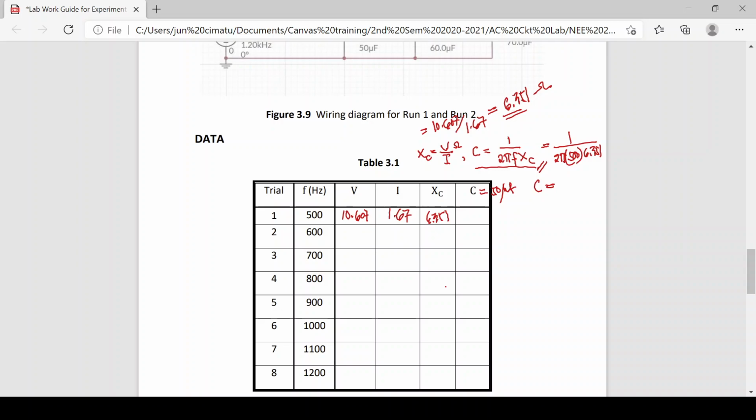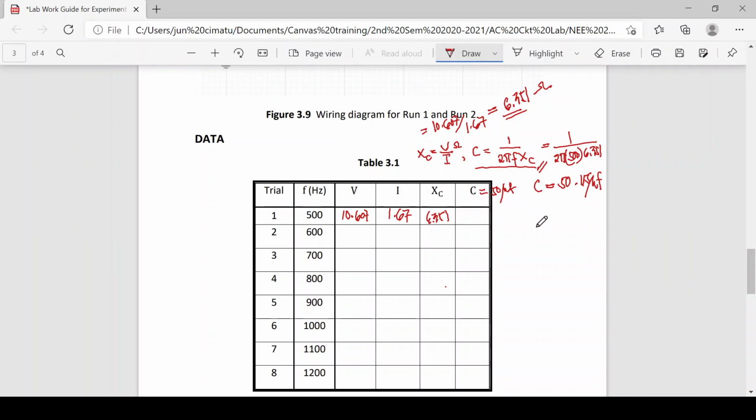This is equal to 50.115 microfarad, which is approximately equal to the value of the capacitance connected.